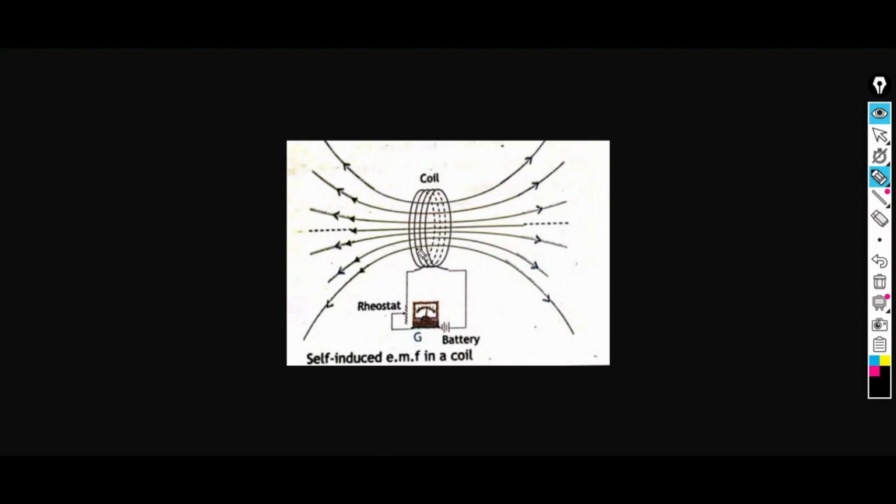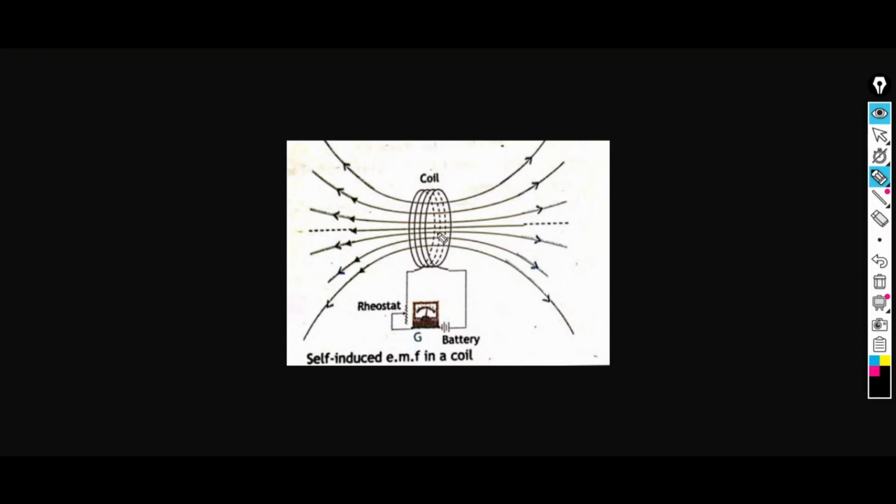Due to that electric field, the force F will be exerted on each and every free electron present inside the conductor, due to which that free electron will start motion, and due to the motion, the change in electric field leads to the magnetic field. Okay, so around this conductor, the magnetic field will be present, and the direction of that magnetic field is given by the right hand rule.